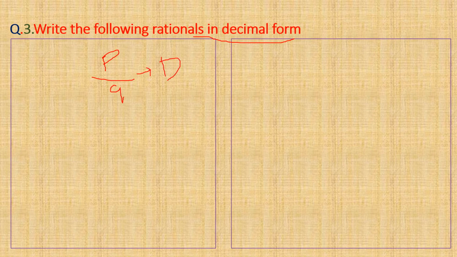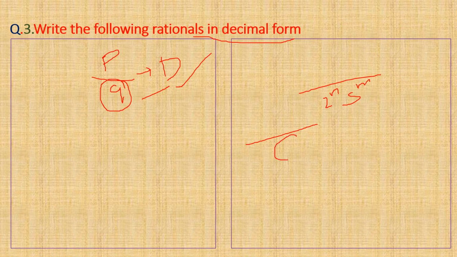Here he is not asking whether it is terminating or non-terminating, so we need not go with the division process. We want to convert into decimal form, so take this q and make sure it is in the form of 2 power n into 5 power m.